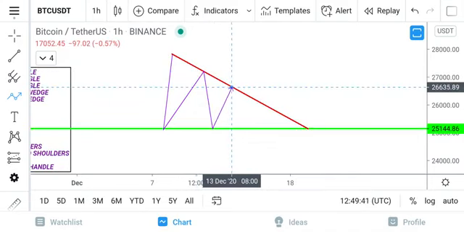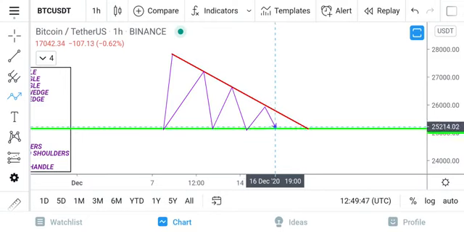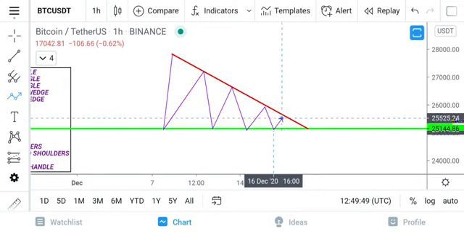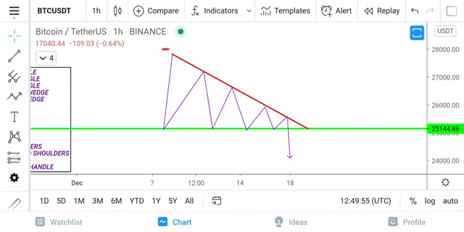It makes another lower high. That's how it's going to be making lower highs till it breaks down. So as a trader, you have to be selling at these points. These are lower highs towards a support.